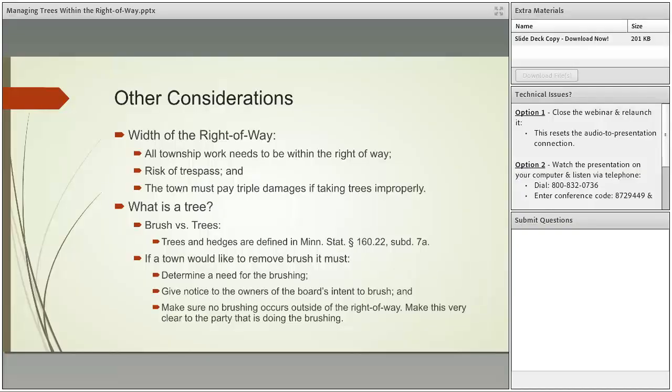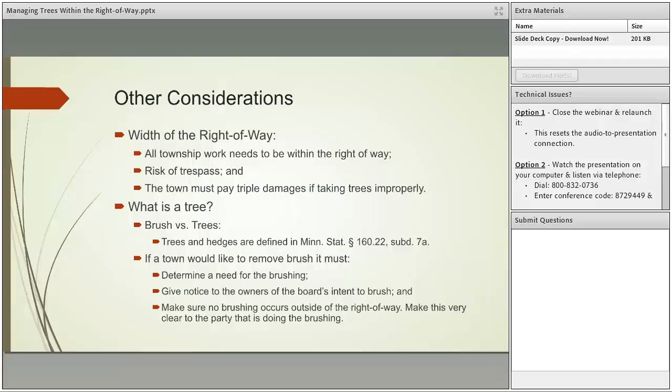If they don't, that's trespass. And when modifying trees, Minnesota law tells us that you pay triple the damages. So not only do you pay the damage for removing the tree, such as the cost of the removal, but you also pay extra fees on top of that if it's taken improperly.